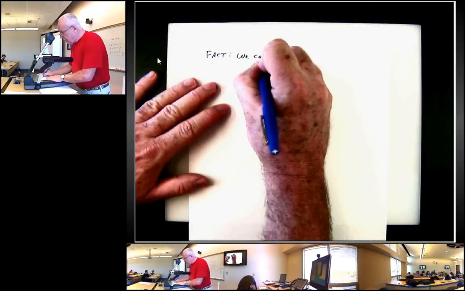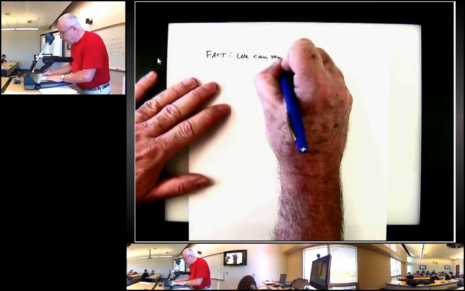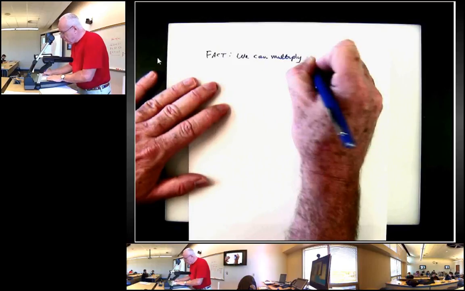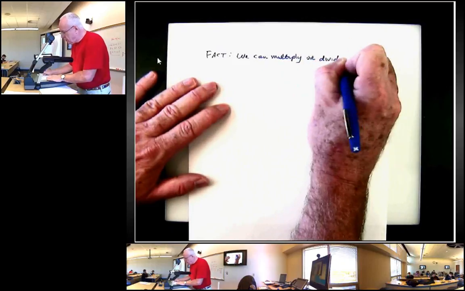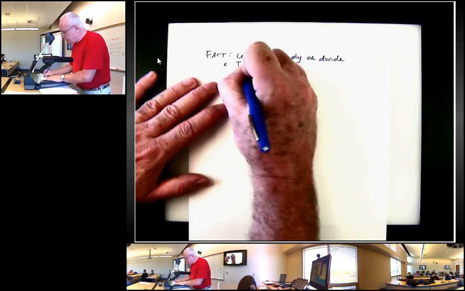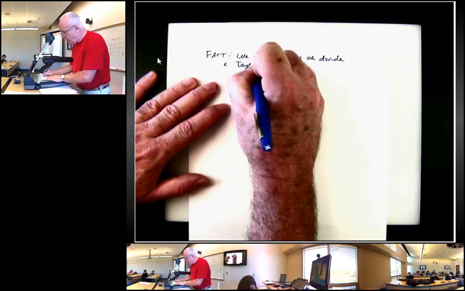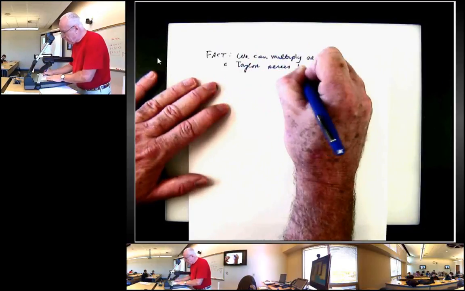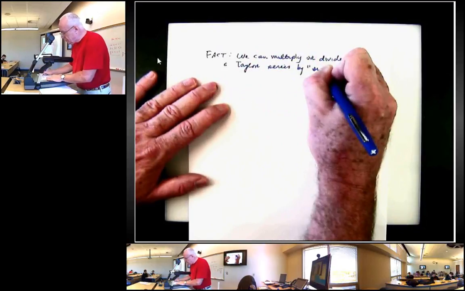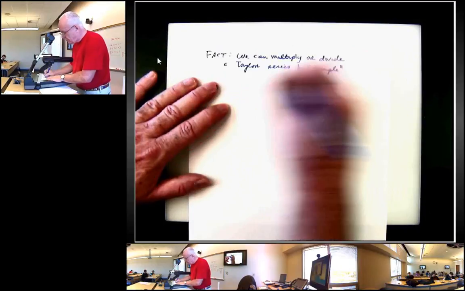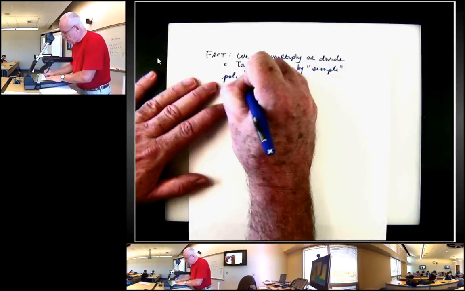So we can multiply or divide a Taylor series by, and I just have this in quotes, simple polynomials, because that's what you would be encountering.